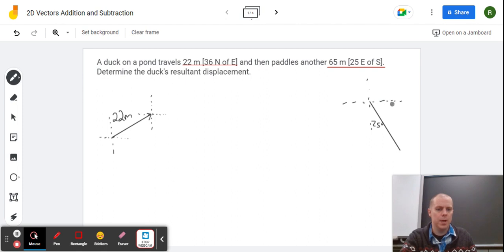Okay. But I want the angle based on the horizontal because it allows me to use some shortcuts a little later. So instead of 25 degrees east of south, I could say that's 65 degrees south of east. Right, and 65 and 25 will give us 90.